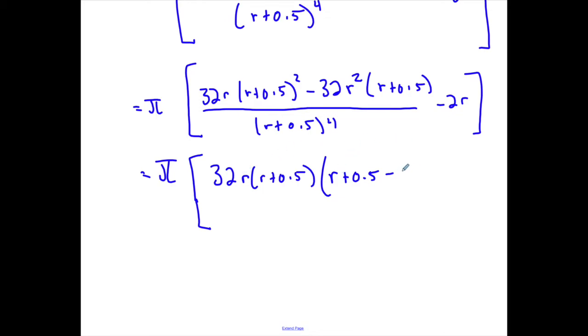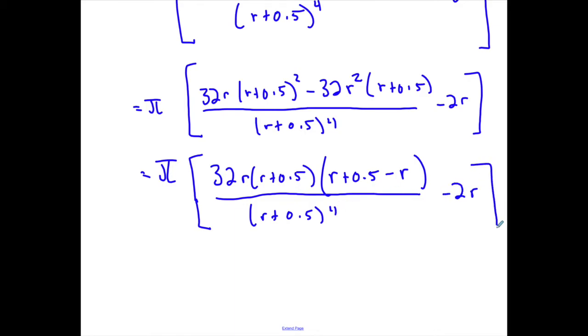And then this is minus r, because all that's left when you take out 32r times r plus 0.5 is just that r. You can think about distributing: the r becomes the r squared, and then everything else goes in. And this is all over r plus 0.5 to the fourth. This is not the only way to simplify, it's just one way to simplify.